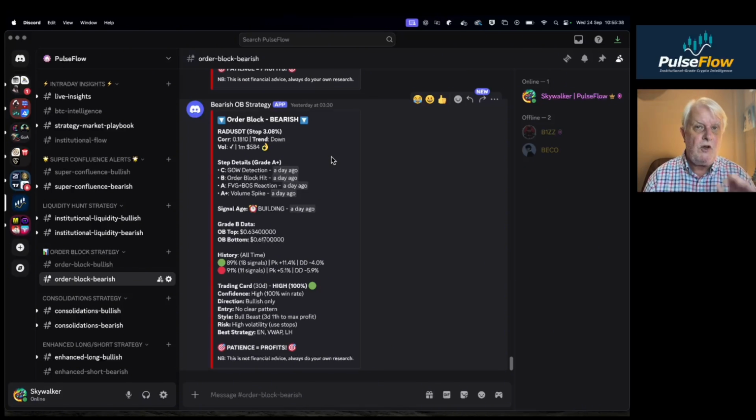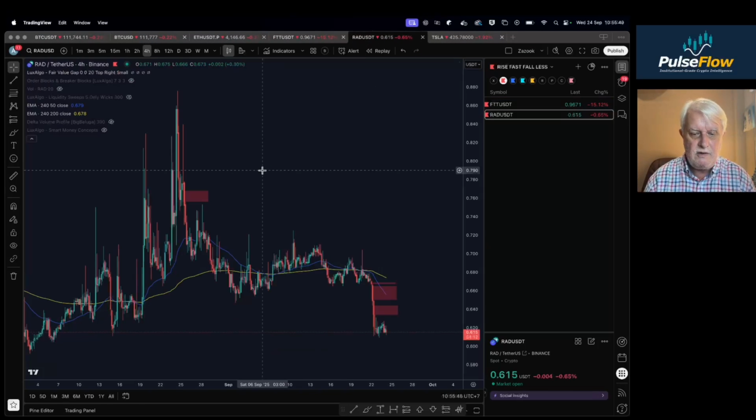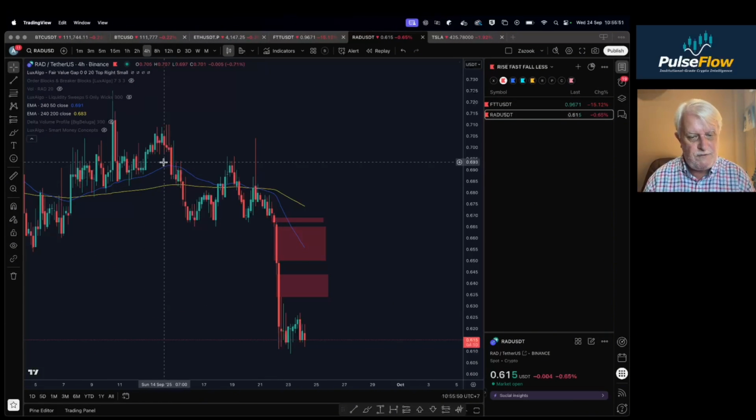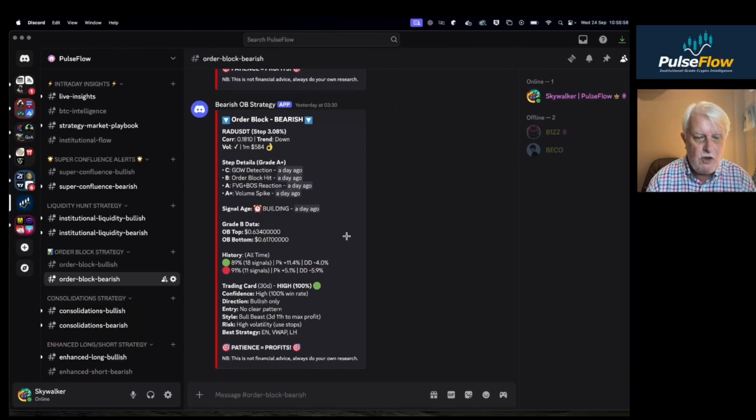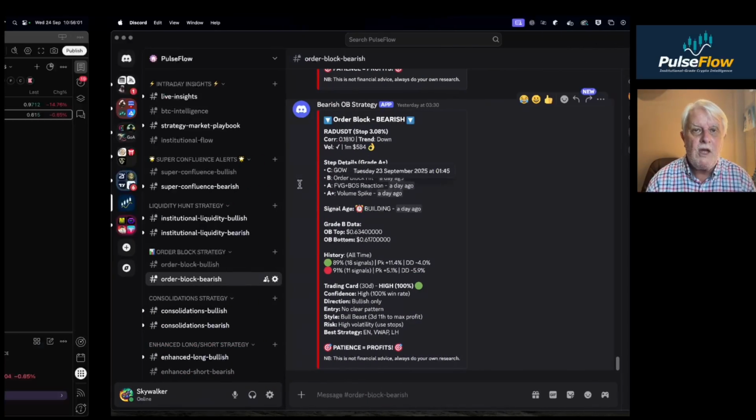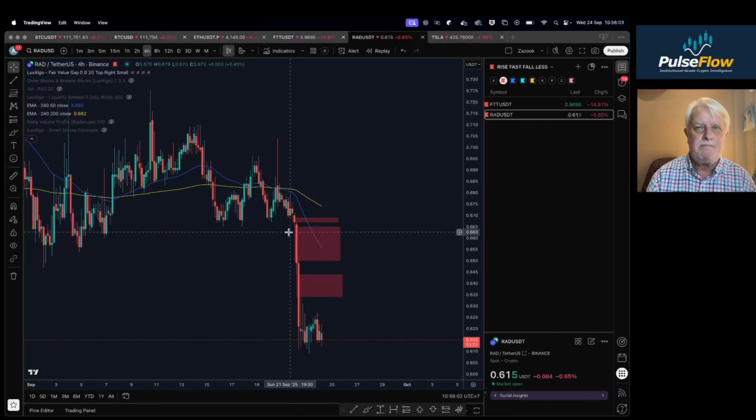And the way that Pulse Flow works is we only send shorts if a coin is in a downtrend, and we only send longs if a coin is in an uptrend. So looking at RAD, as you can see, that's fallen down and definitely gone into a downtrend, it went here, back here before it fell, and then look what happened. And of course, Pulse Flow picked that up when I was asleep last night.